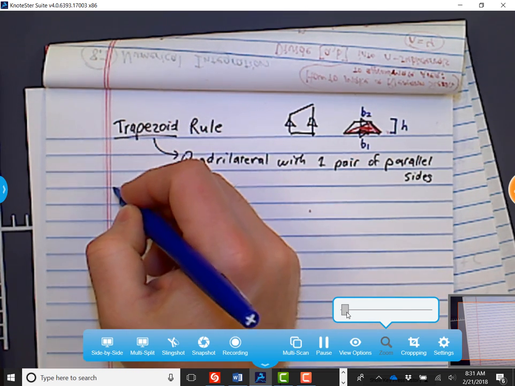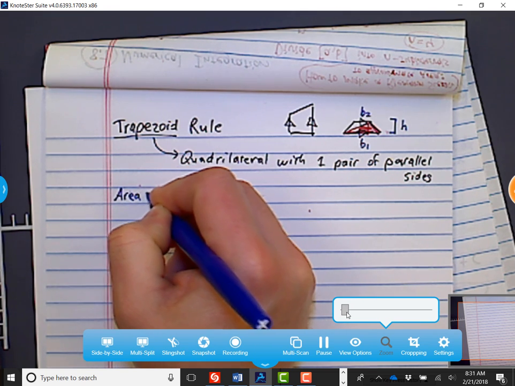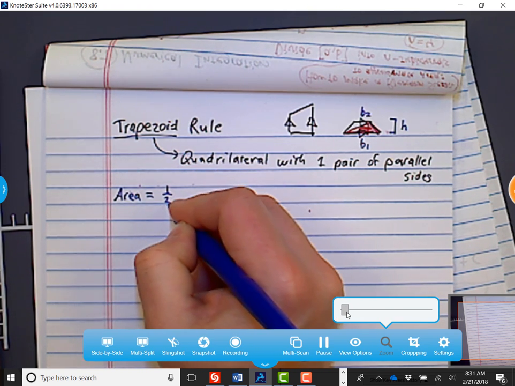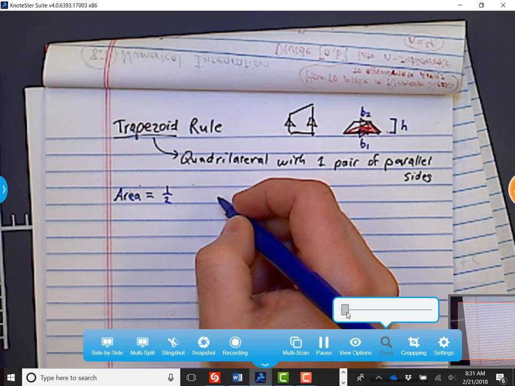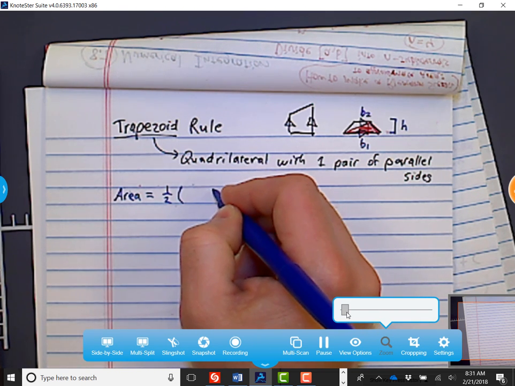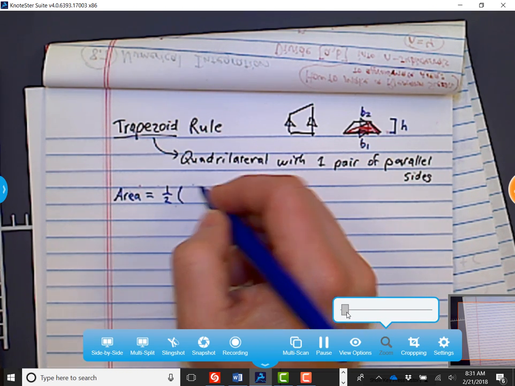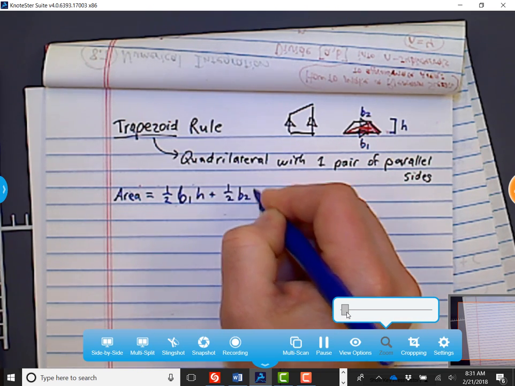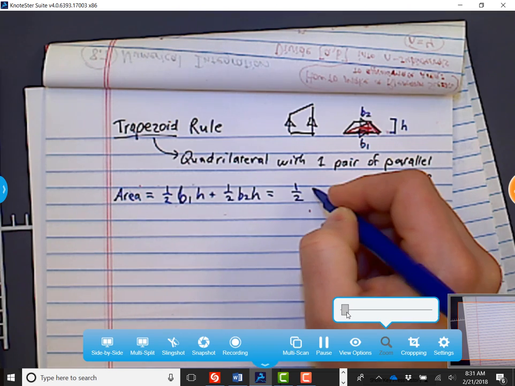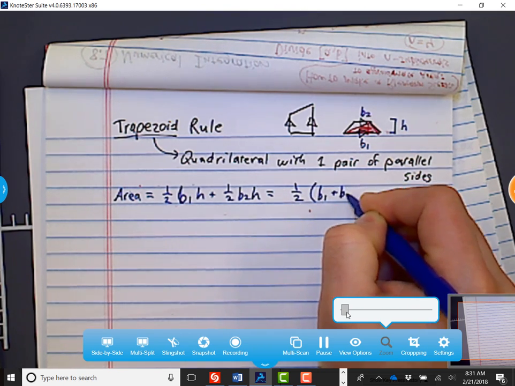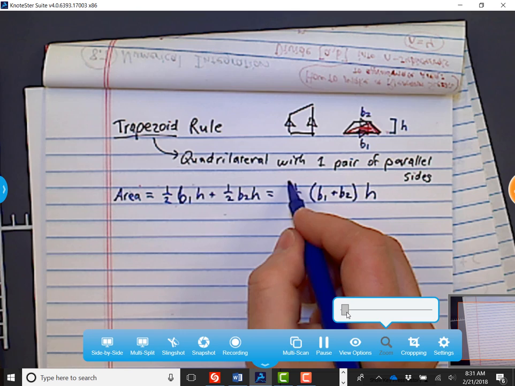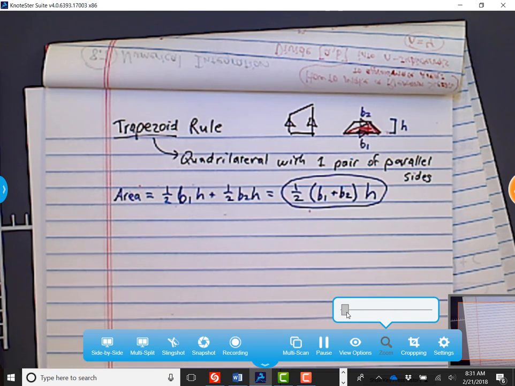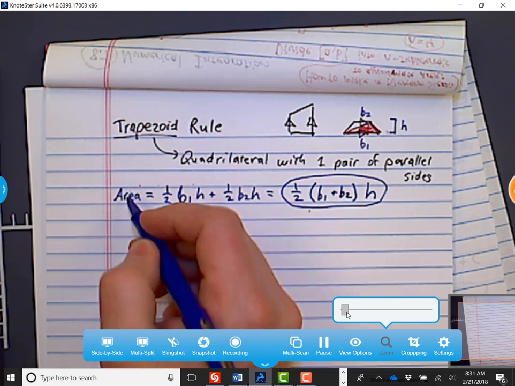And so the area is given by 1/2 B1 times the height plus 1/2 B2 times the height. And so the formula that's usually given in, say, a geometry class is this one. Have you guys seen this before? 1/2 the sum of the bases times the height. That's what I need, the area of a trapezoid.